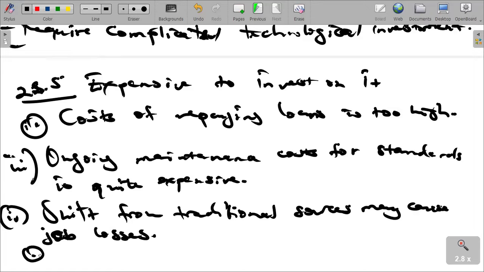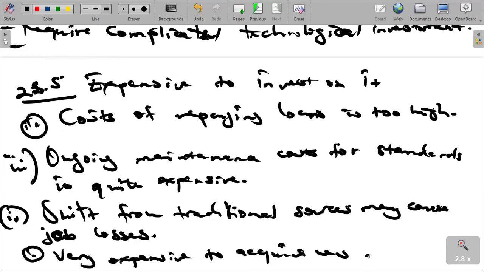People may lose jobs, and it may also be very expensive to acquire new infrastructure. So you can see the answers, you can think them along those lines. All these are possible basic answers that you can give with reference to this.